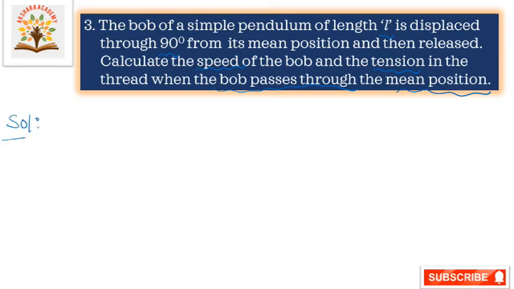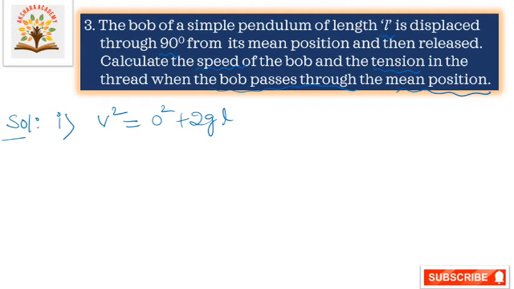Here first one, v square is equal to u square plus 2as. Here u square is nothing but 0. So 0 square plus 2gl.